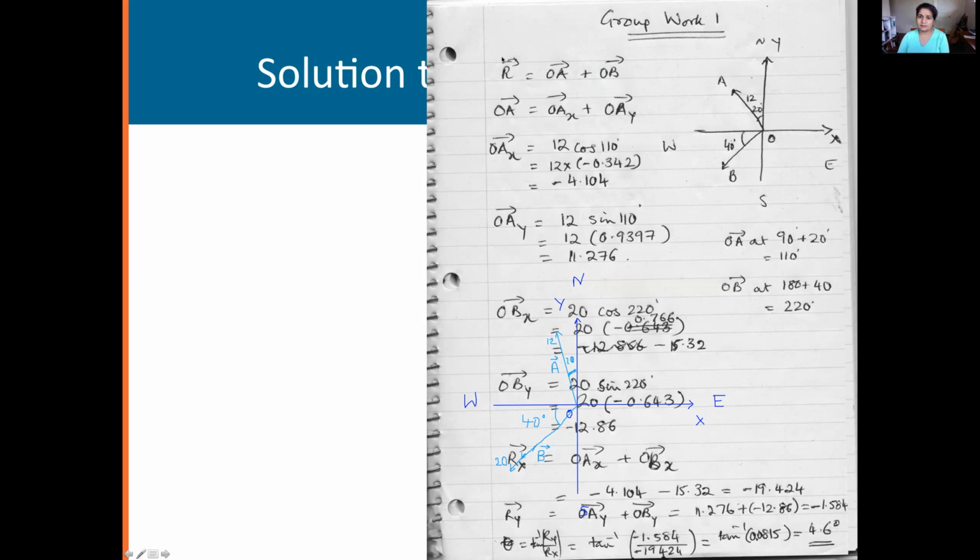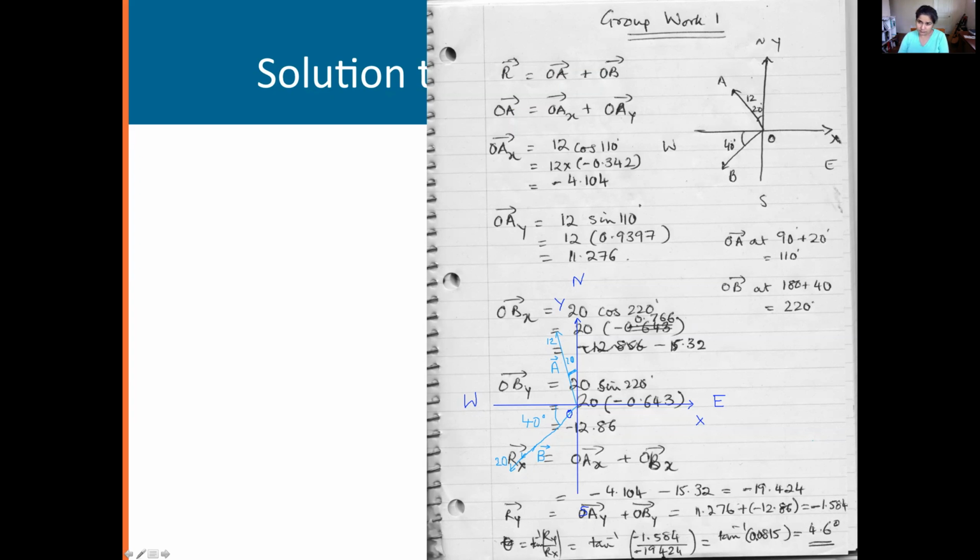Okay, so let me show you. So the resultant vector is going to be the resultant of vector OA plus vector OB, okay? And vector OA is nothing but the sum of the components of this vector, which is vectors OAX and OAY. The O is not essential to say. If you like, you could just call it AX and AY.